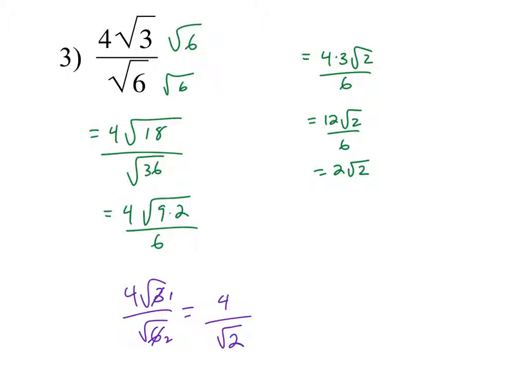I can do it, first of all, because they simplify, and I have the same square root. Now, in this step, I'm going to rationalize by multiplying the square root of 2 on numerator and denominator. So 4 square root of 2 divided by the square root of 4. So 4 square root of 2 divided by 2, and 4 divided by 2 is 2, the square root of 2.